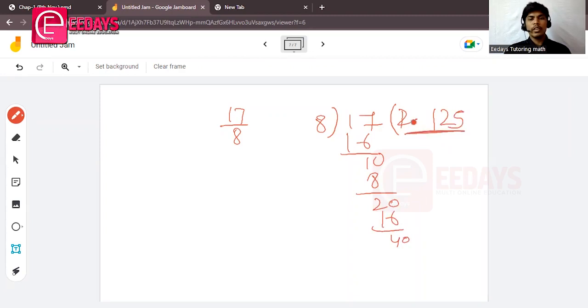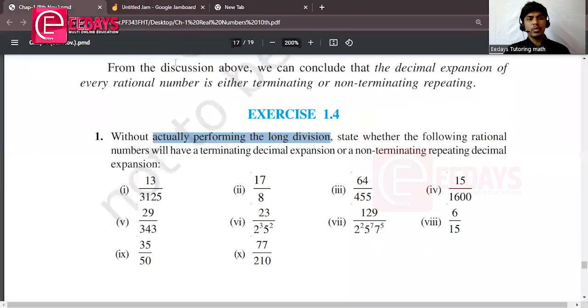So 2.125 you'll get by the actual division method. Here we got the remainder 0, we just stop it here. But when it comes to without actual division, they already mentioned without the actual division method, state whether the rational number will have a terminating decimal or non-terminating repeating decimal.